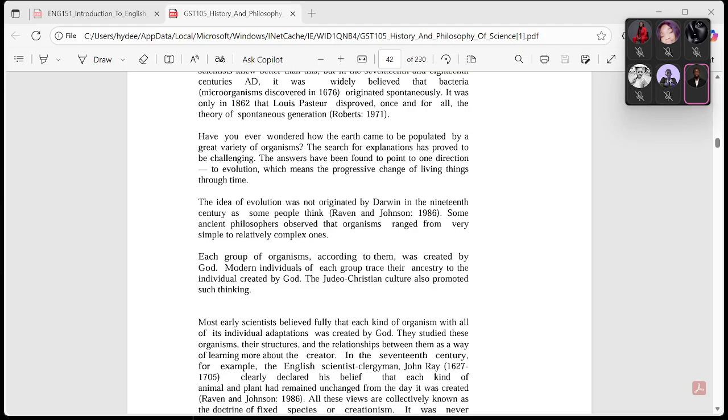So, doctrine of fixed species, creationism, like when you're hearing the Judeo-Christian culture and early science, okay? Yes, the scientists also study metaphysics and study God, study the supreme being. So there is a part of knowledge or a part of science known as faith.